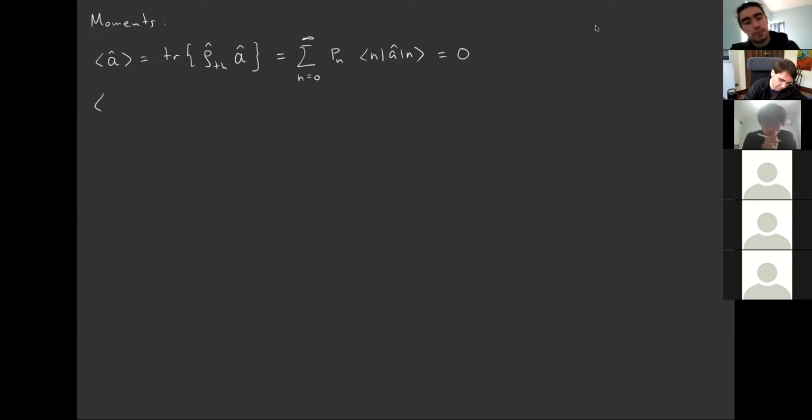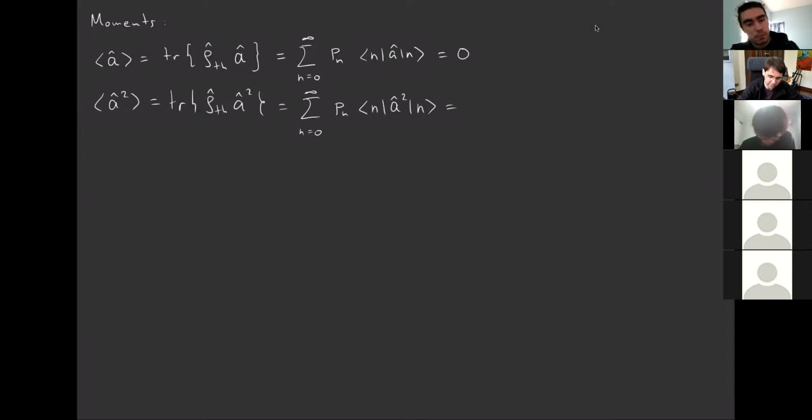And of course, the same happens with a squared. If you do a squared, which is the trace of rho thermal a squared, this will be equal to the sum from 0 to infinity, weighted by the probability distribution in the Fock basis, and then ⟨n|a²|n⟩.